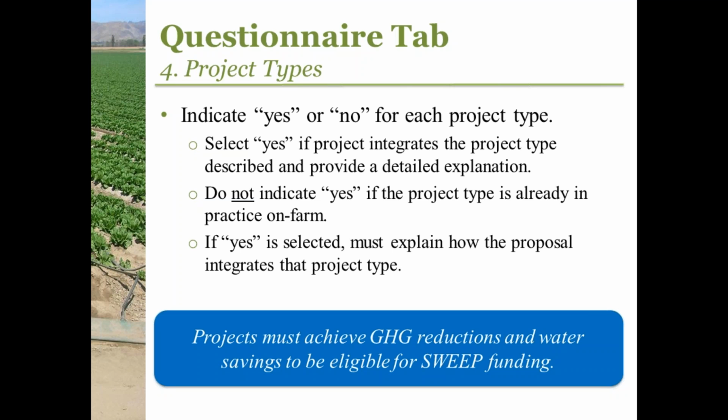Now, keep in mind that if you already have a micro irrigation system, you're going to want to say no to this question because this is not involved in the project type that you're requesting the funds for. And also, you must keep in mind that projects must achieve greenhouse gas reduction and water savings to be eligible for SWEEP. So that's both greenhouse gases and water savings. There's also an explanation box at the bottom of that project type. We encourage you to elaborate on what exactly you're answering yes to.